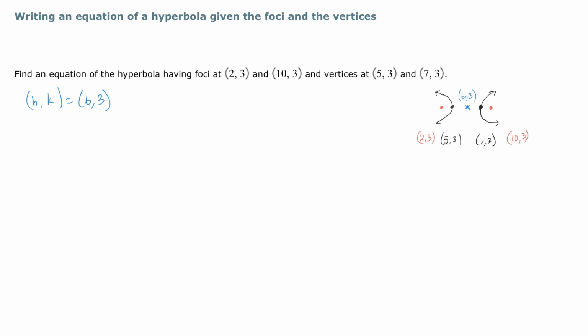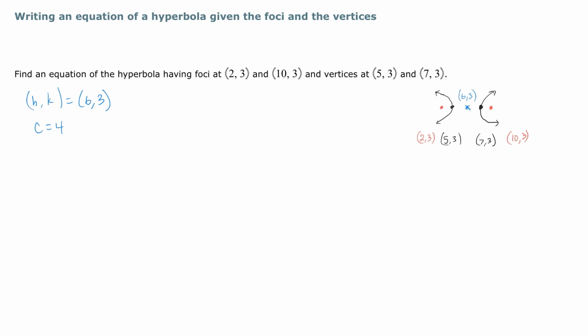Do we have a or b? I think we even have c. c is 4. Remember, c is the distance from the center to a focus point. Do we have anything else? I say we do.